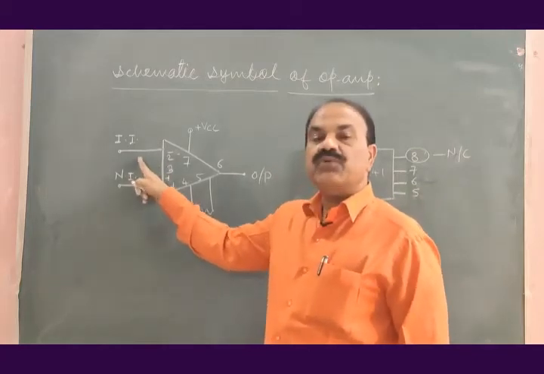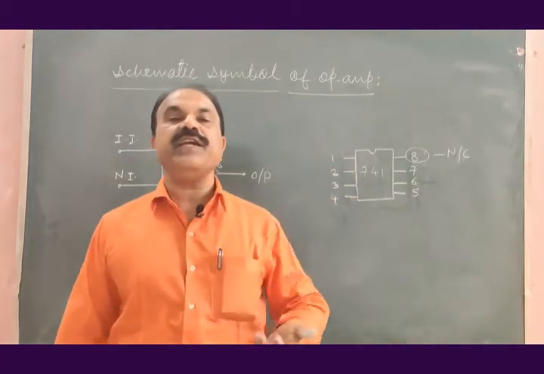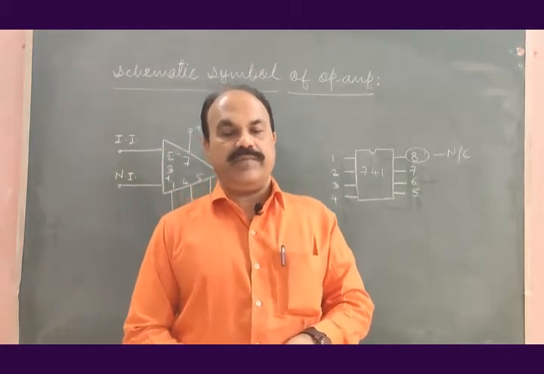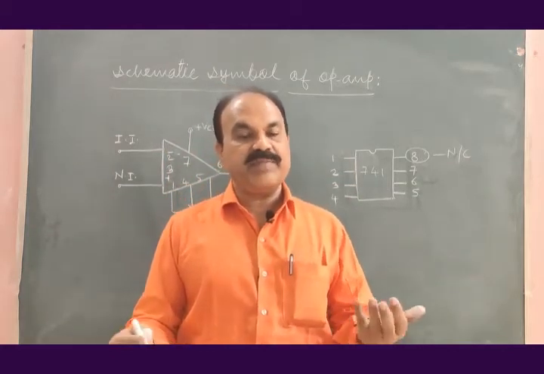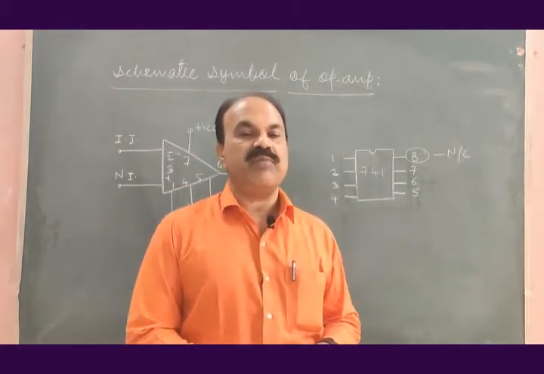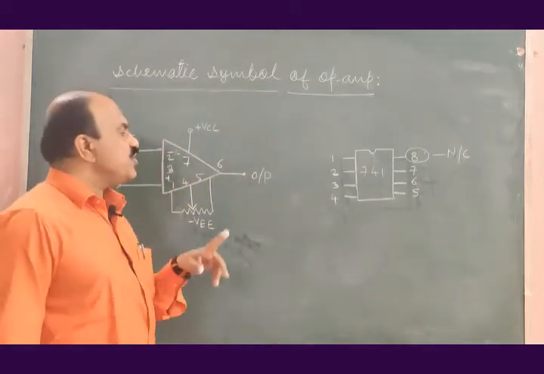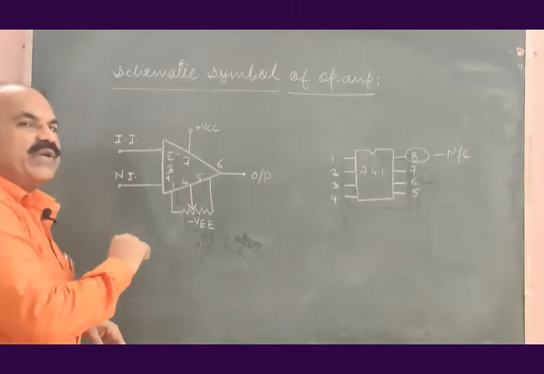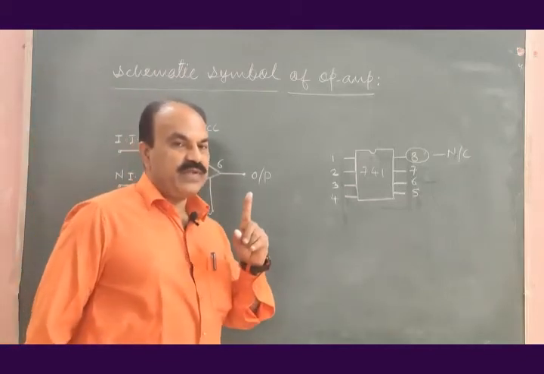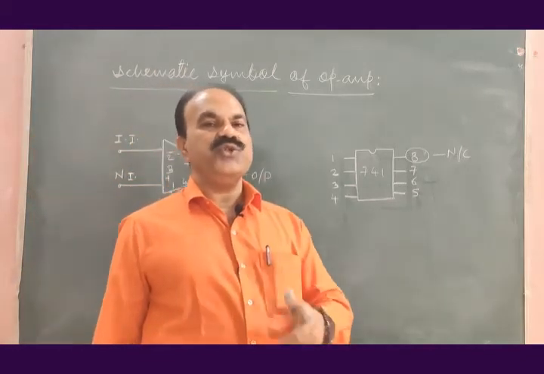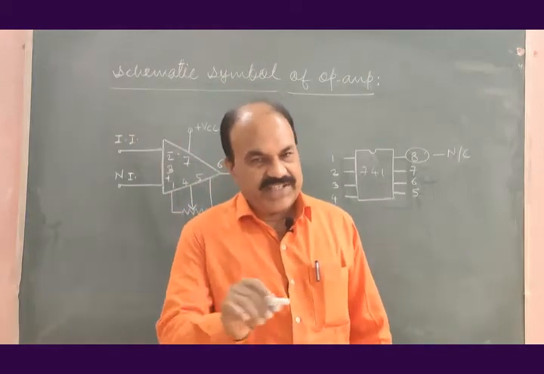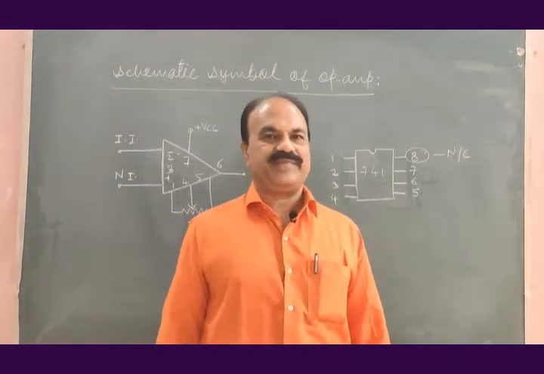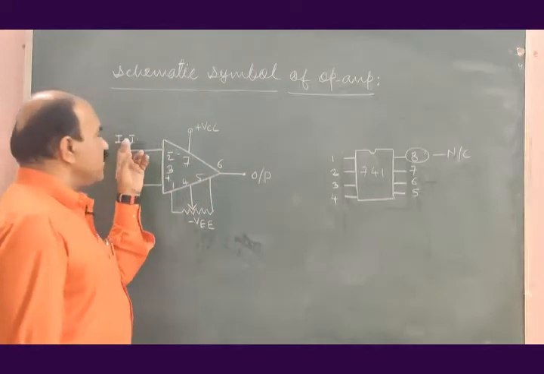Pin number 2 is known as the inverting input terminal. Now, what is the meaning of this inverting input terminal? Whenever we use the inverting input terminal, the non-inverting is always grounded. Now, what is the meaning of this inverting input?